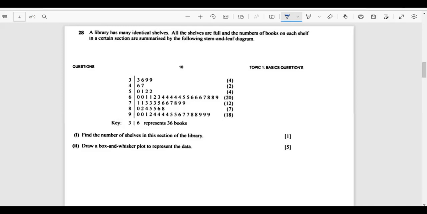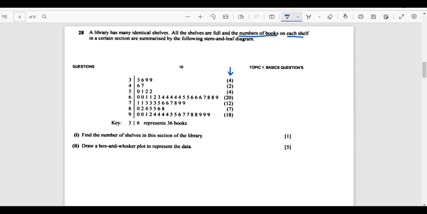Do you have to add the values? Yes, because to find the number of shelves. The number of books on each shelf in a certain section are summarized. Okay. So on one shelf, we have 33 books, then 36, 39. So you need to add them up.